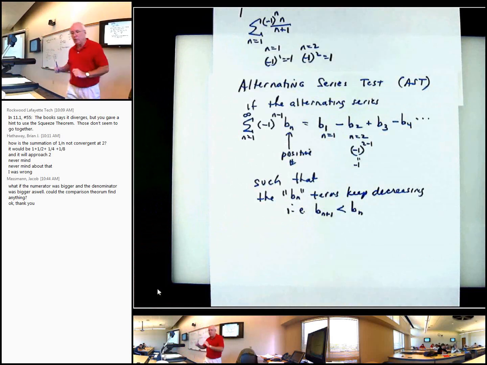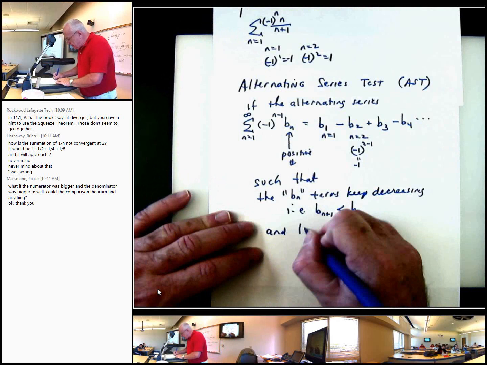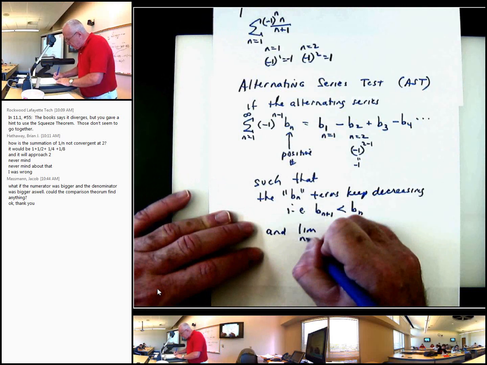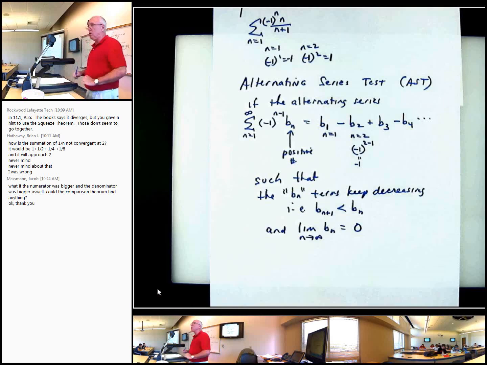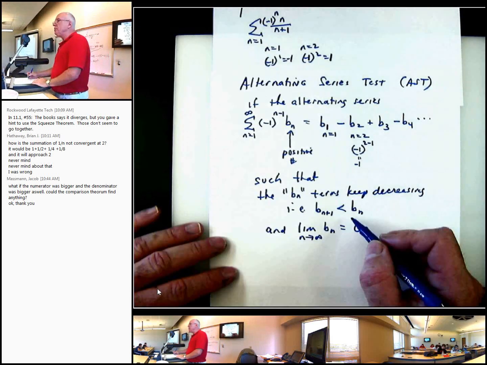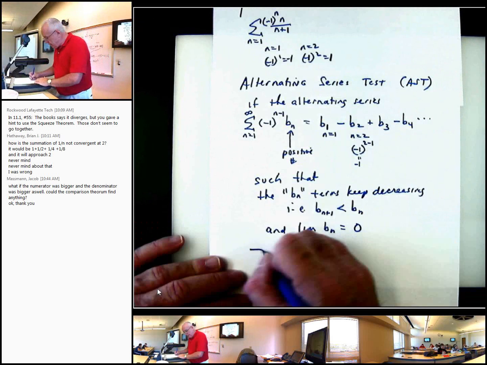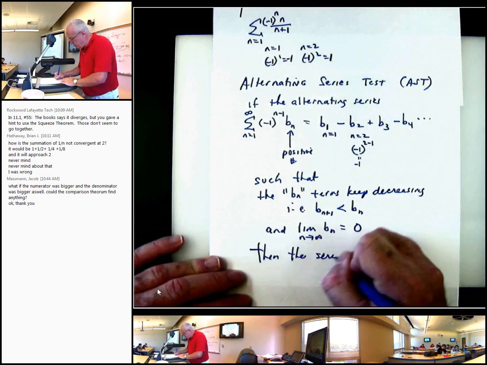They keep decreasing, and not only that, the limit as n goes to infinity of b sub n is equal to 0. So not only are they decreasing, but they're going to 0, then the series converges.